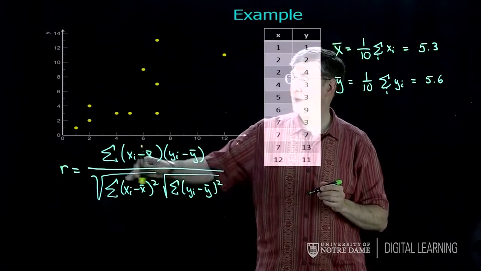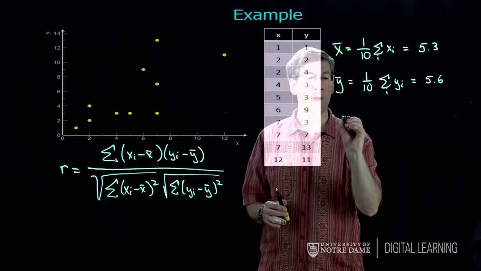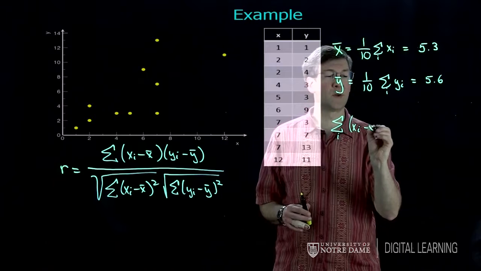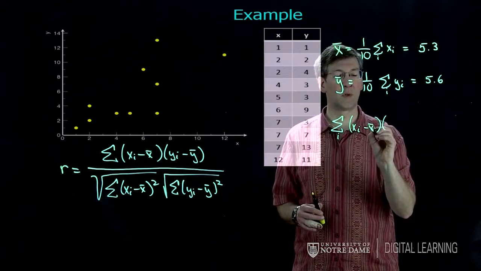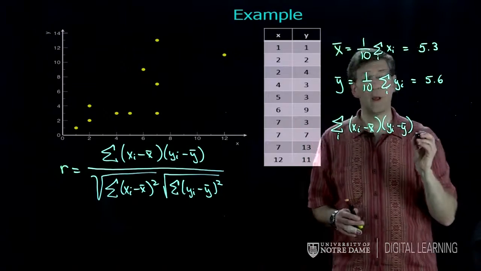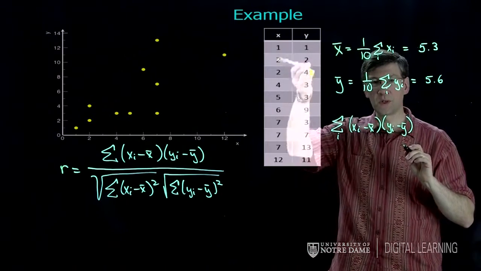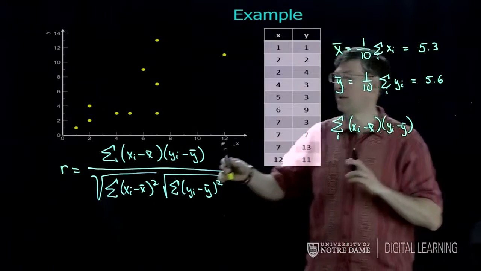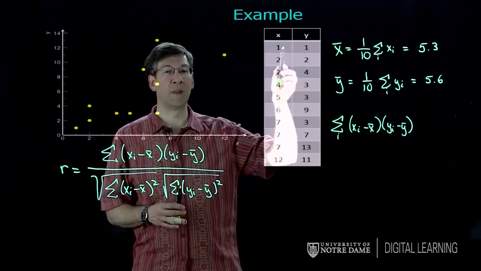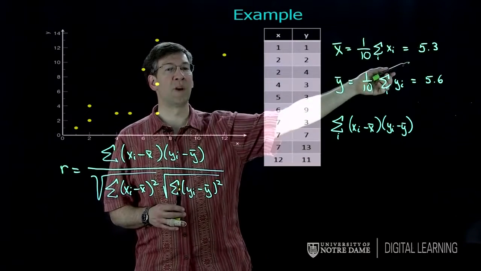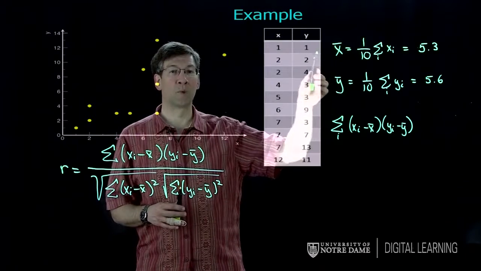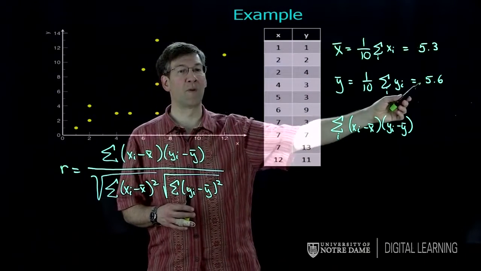And then, now that I know the two means, I can sum over all of the different points and write down this product that we need. So the sum over all these points of x minus the mean of x, times y minus the mean of y. For each row of the table, I take x minus the mean value of x, and I multiply that for that pair times y minus the mean value of y.